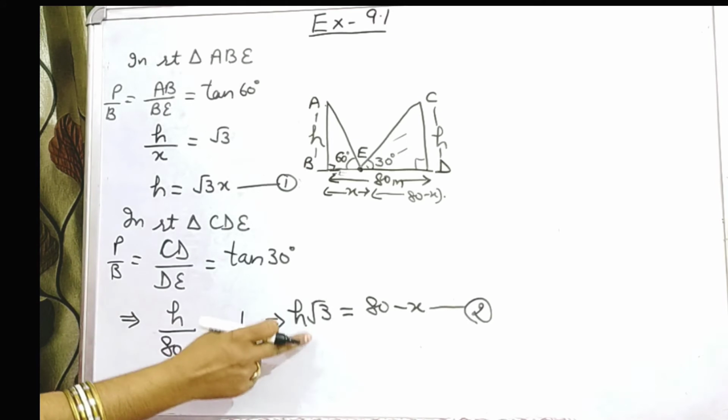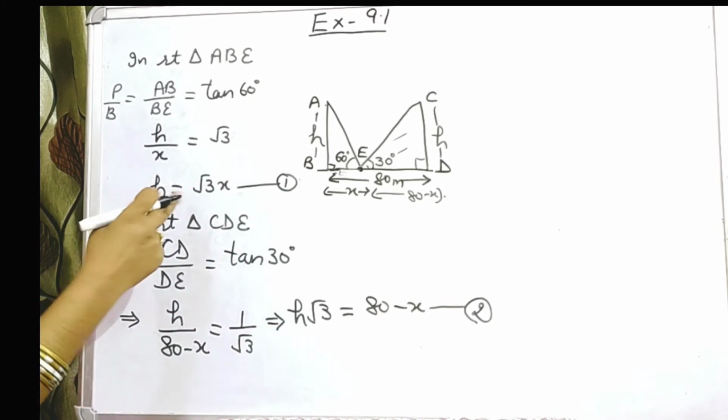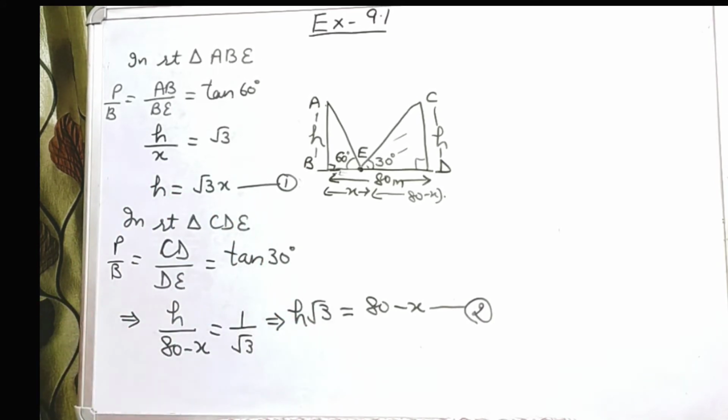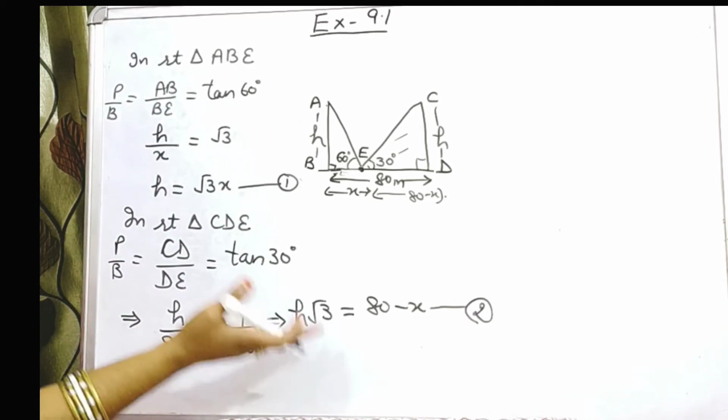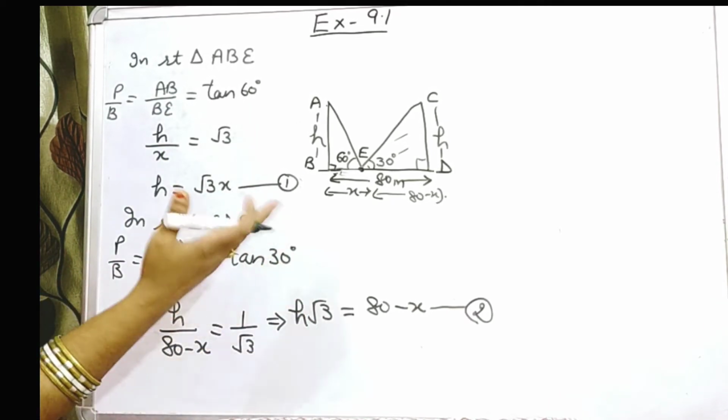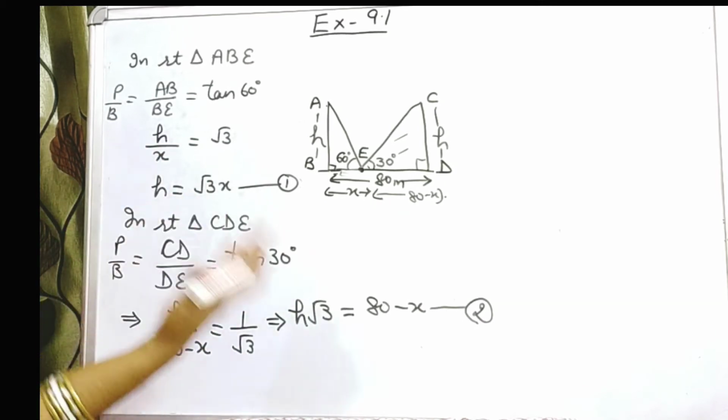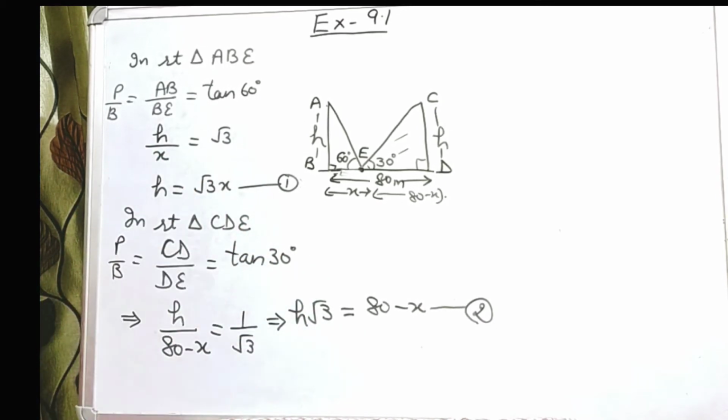Now we have two equations here, and because we have to find the values of h and x, you can either put the value of x from here to here, or the value of h from equation 1 to 2 or equation 2 to 1. That's up to you.